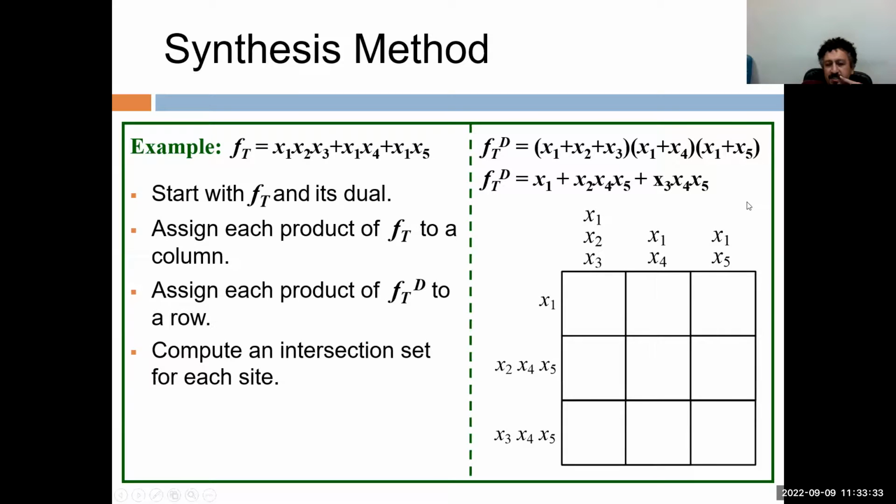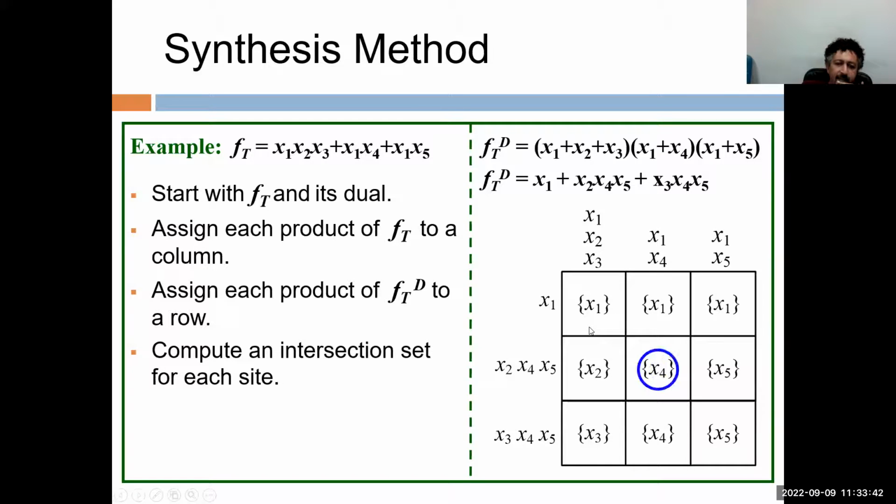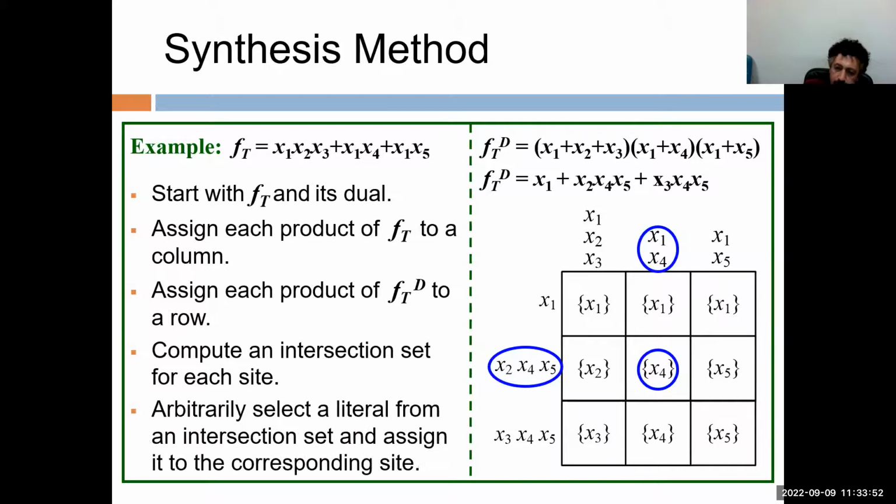Complete an intersection set. So what is common? x1 common, x2 common. And then, for example, there is an example, x1, x4, and x2, x4, x5. What is common? What is the intersection? x4. And select a literal from an intersection set and assign it to the site.